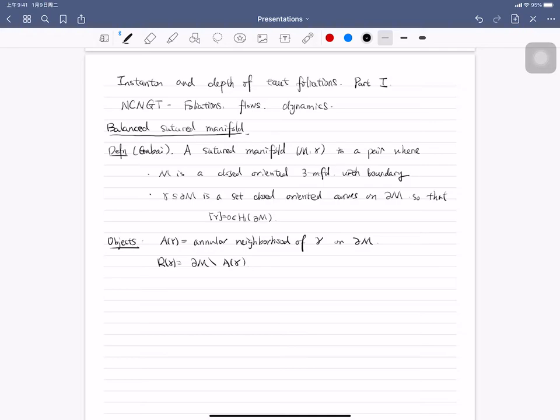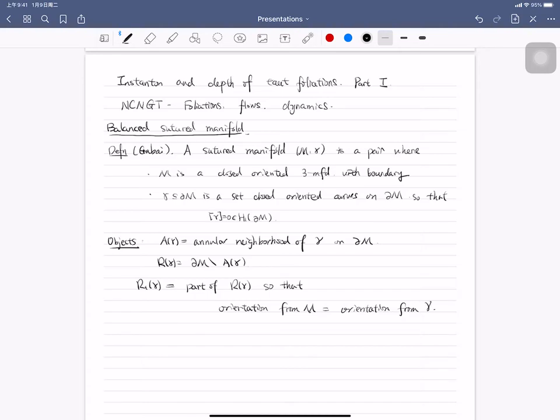We write R plus of gamma to be the part of R gamma so that the orientation from M coincides with the orientation from gamma.